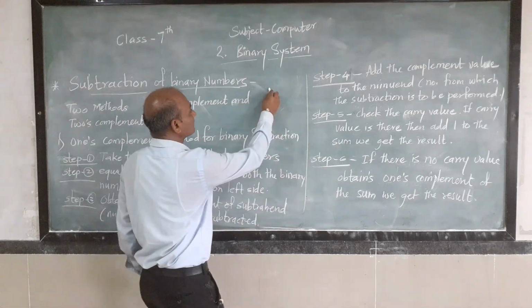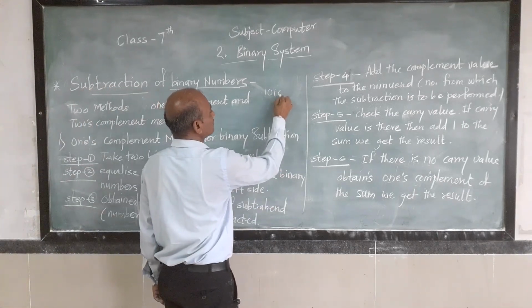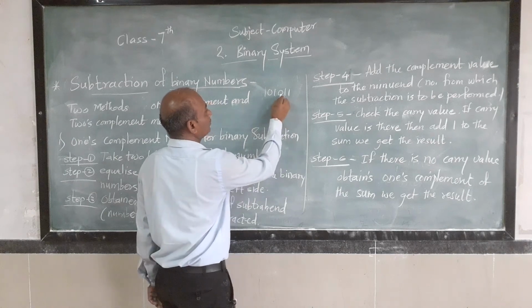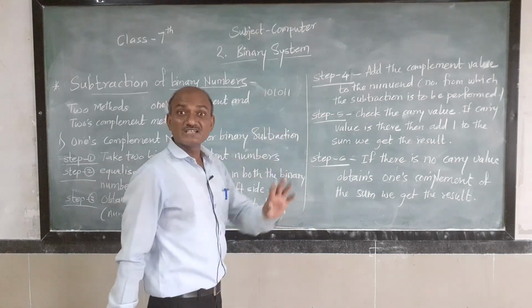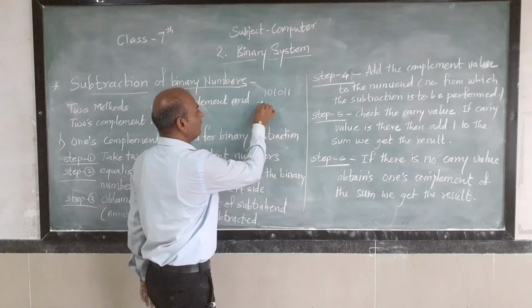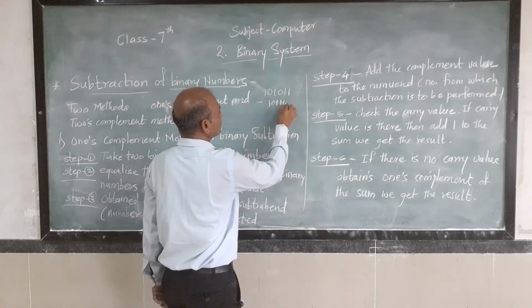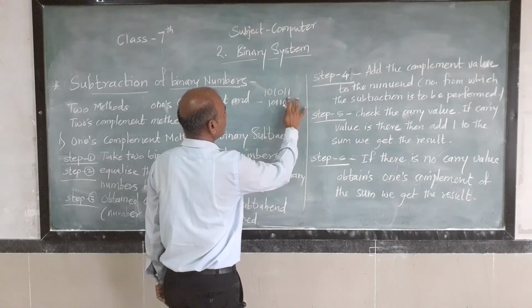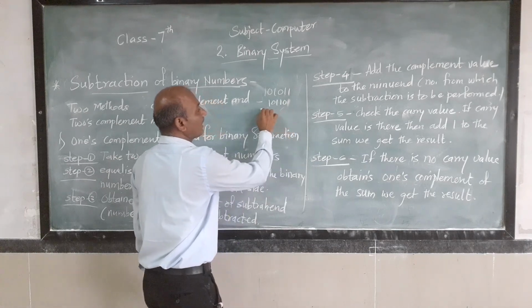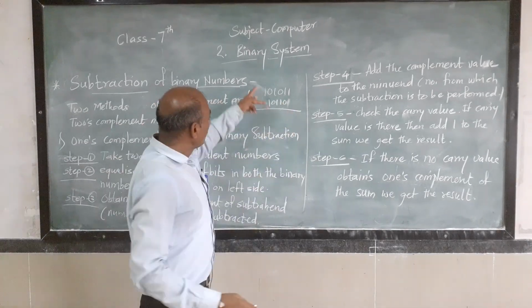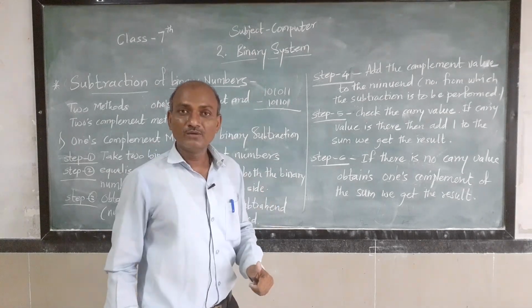If the first number is 1 0 1 0 1 1, 1 2 3 4 5 6, 6 digits are present, and in the second number, 1 0 1 1 0 0, only 5 digits are present. So both numbers are not equivalent.